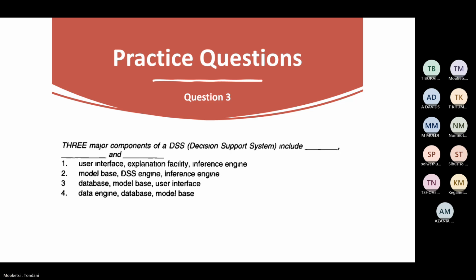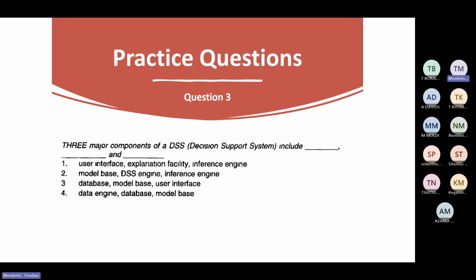Then option 4 talks about data engine, database, and model base. So the data engine in option 4 is incorrect. So that's why we are saying the answer is option 3, which is database, model base, and user interface.